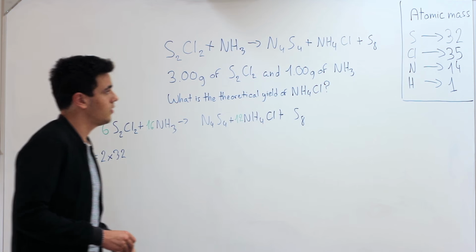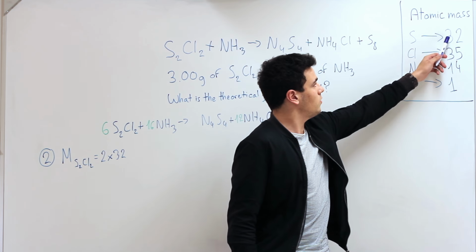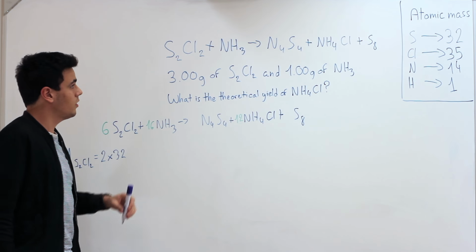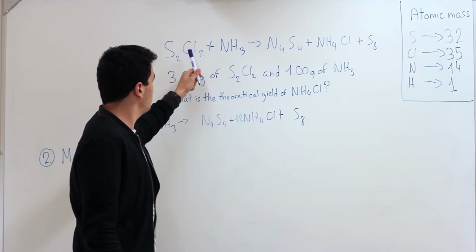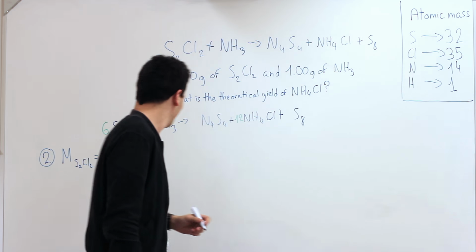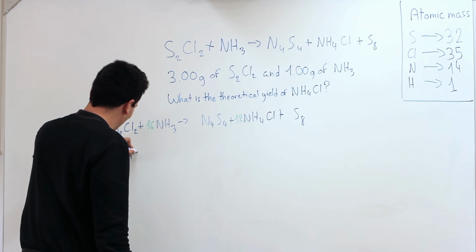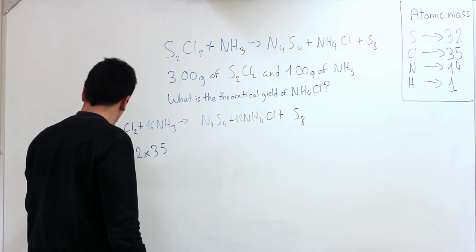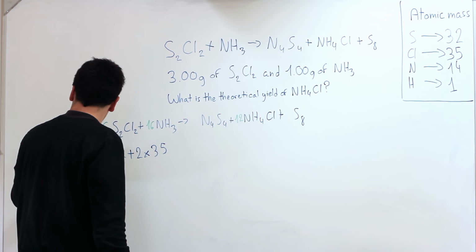This is because the atomic mass here, as you can see, is 32, and there are 2 of them, plus 2 times 35, for a total of 134.